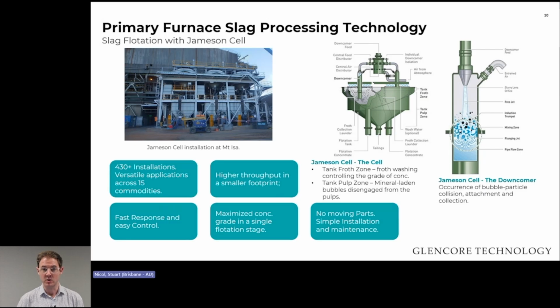A lot of the additional recovery which you can achieve is when you can float those sub 20 micron fractions, and the Jameson cell is able to achieve that with ultrafine bubbles. So we're finding that we can achieve additional recoveries when we put the slag flotation plants in with the Jameson cells, and this does improve the overall metal recovery, which is quite important for the tighter TCRCs which we're facing in industry.